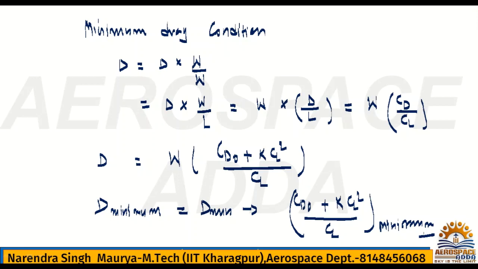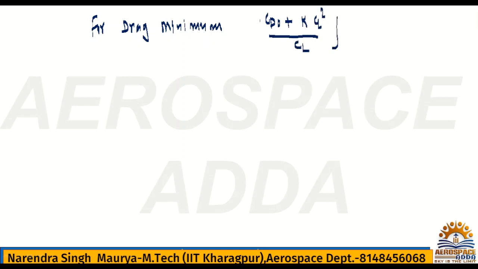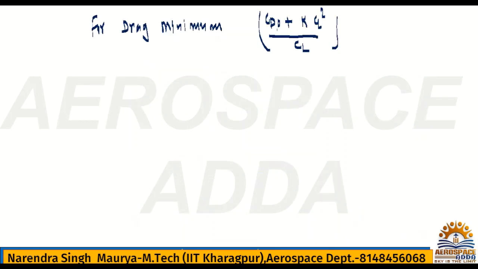All right, so for drag minimum, this bracket value, CD naught plus K CL square by CL, should be minimum, that we have to write.